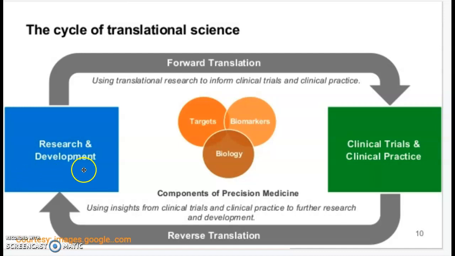One good example of reverse translation is gabapentin. The drug was originally discovered for seizure, and then it turned out to be a terrible seizure medicine. Then Pfizer took this drug back to the research lab, and they found that it is good for neuropathic pain.